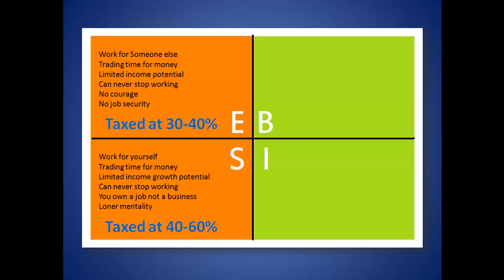And again, this is the quadrant that pays the greatest amount in taxes as it relates to a percentage of their income. Okay. Now, as we look at this, the left two quadrants, unfortunately, this is what we were taught to pursue as we were growing up.